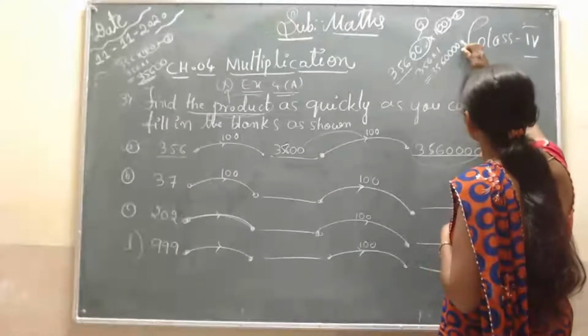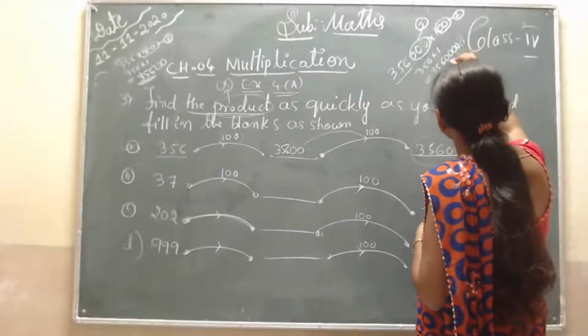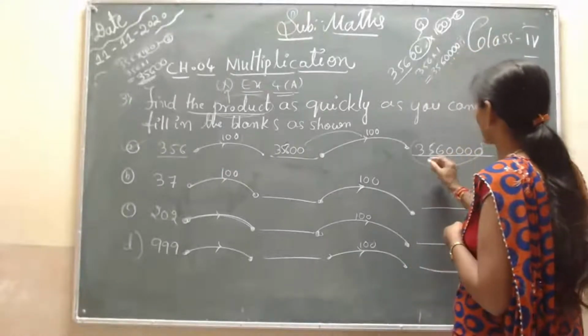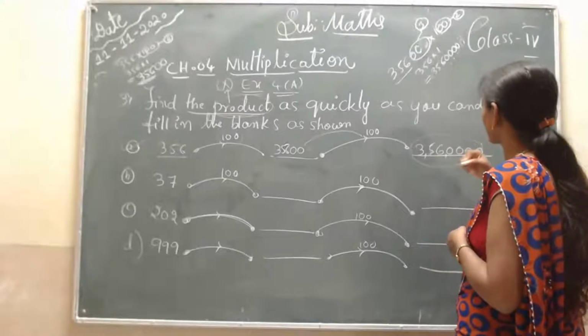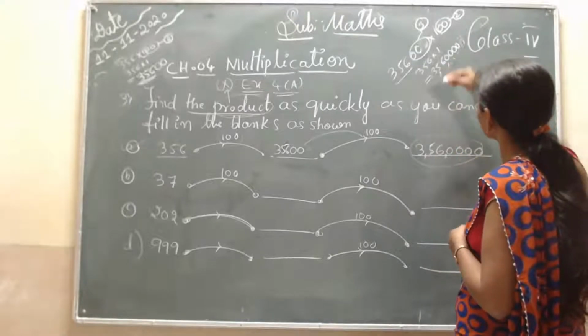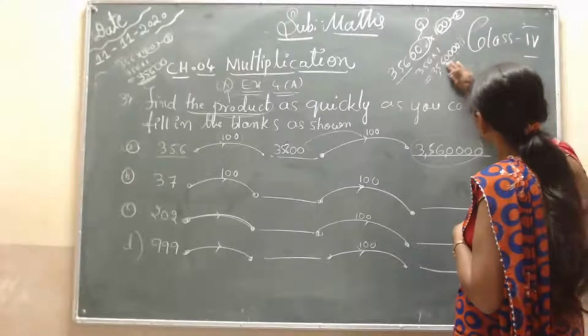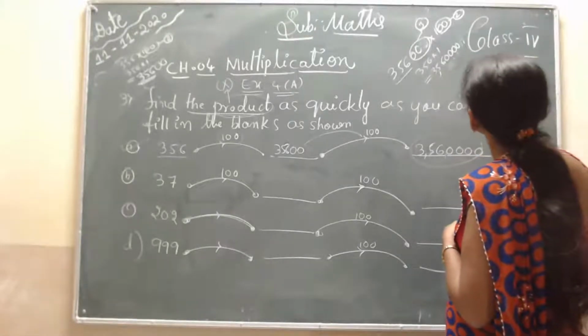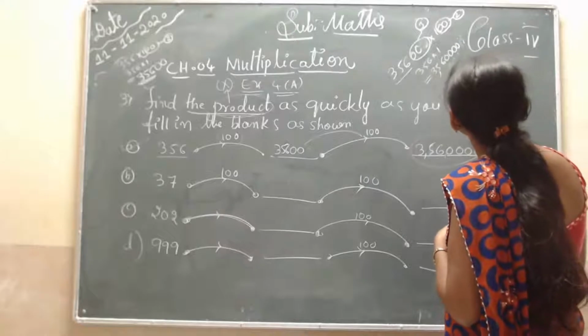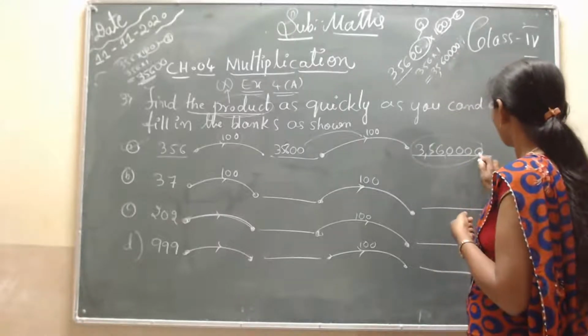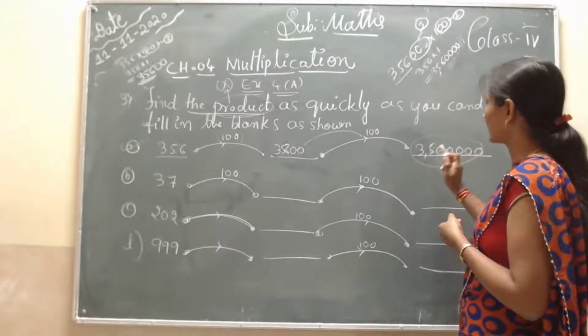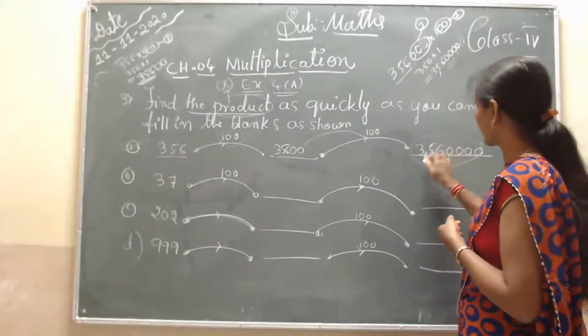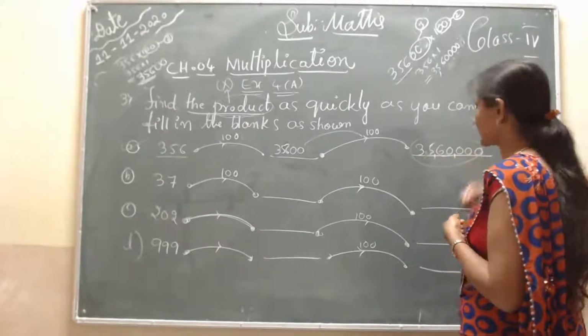This is correct because 1 stands for 100,000, 10,000, lakh, 10 lakh. Yes, students, so 35 lakh 60,000 is the answer.